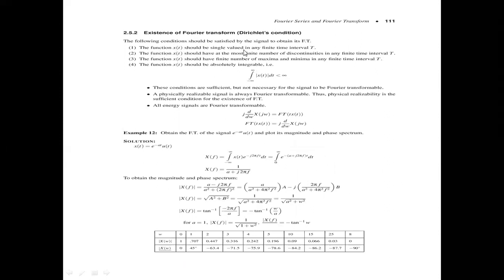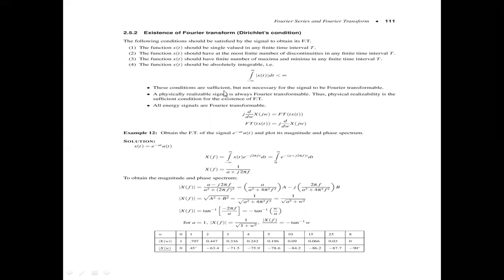These are the Dirichlet conditions for the existence of the Fourier transformation. The function x of t should be single valued in any finite time interval, should have at most a finite number of discontinuities in any finite interval of t, should have a finite number of maxima and minima in any finite time interval, and should be absolutely integrable.